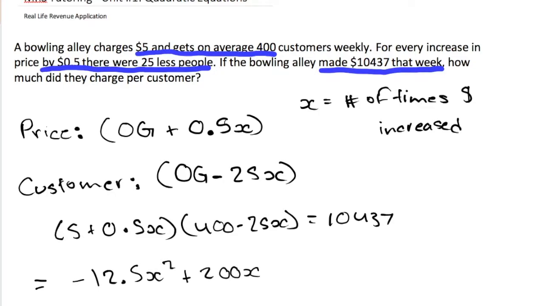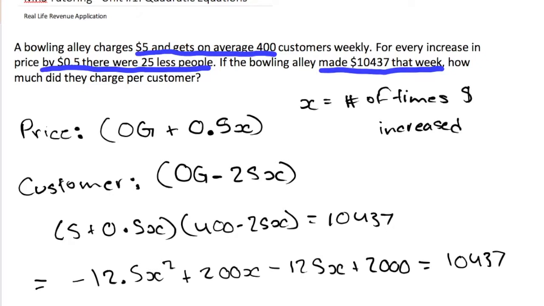Now we expand the 5 into the negative 25x, so negative 25 times 5 is minus 125x. Then 400 times 5 is 2,000. And we have to remember that this 10,437 is still on the other side.